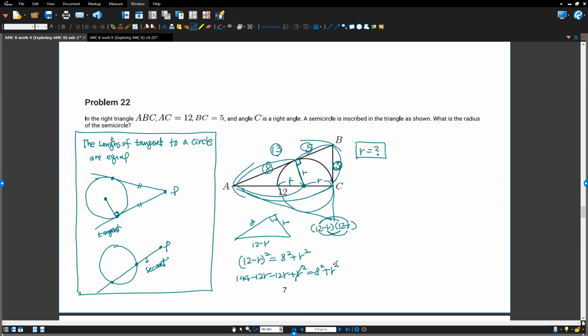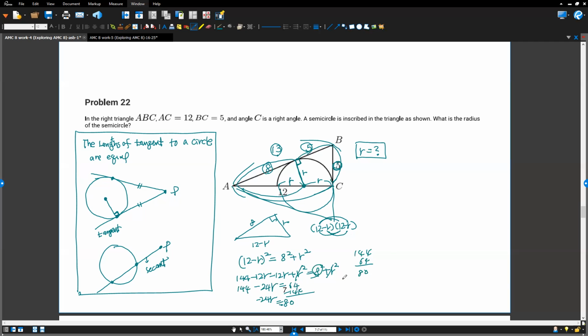So R squared cancels out. 12R and 12R is negative 24R. 144 over here, right? 8 squared is 64. Negative 24R equals negative 144 plus 64, which is negative 80.